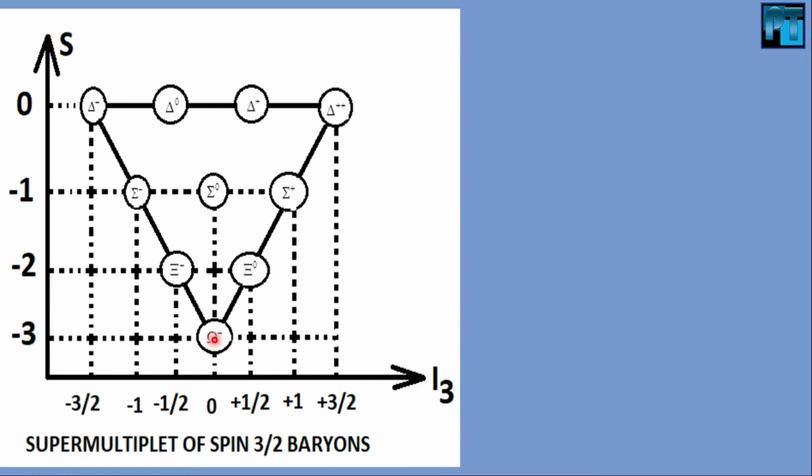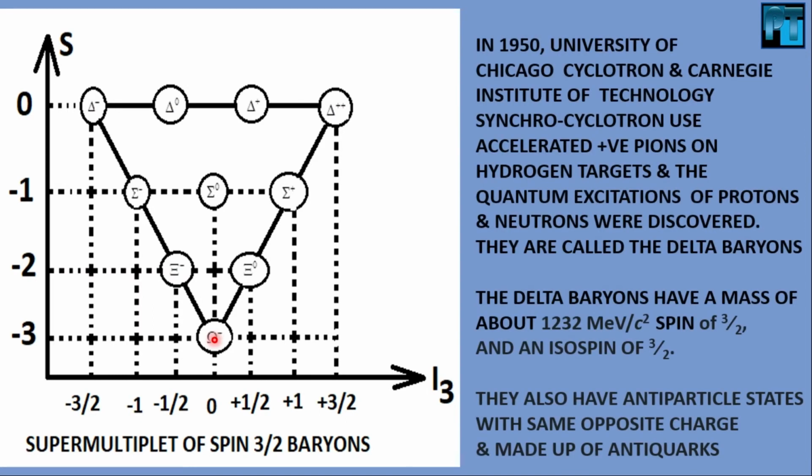Now let's come to the delta particles. Actually, in your graduation syllabus you don't need the delta particles in detail. The delta particles were discovered in the mid 1950s at the Chicago cyclotron and the Carnegie synchrocyclotron.